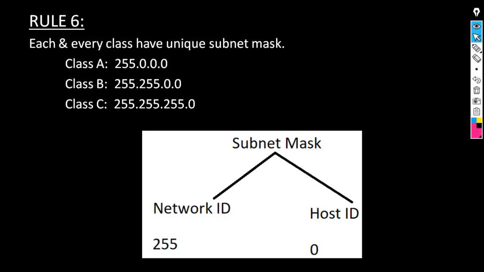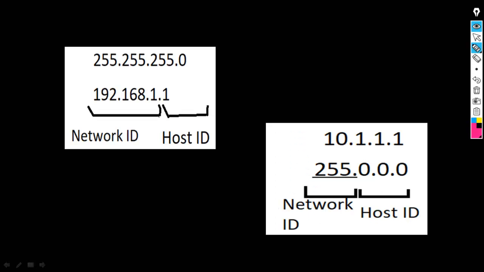Now, what is a subnet mask? A subnet mask divides the IP address into two different parts, network ID and host ID. So the subnet mask will inform us which part of the IP address belongs to the network ID and which part belongs to the host ID. Let's take an example.